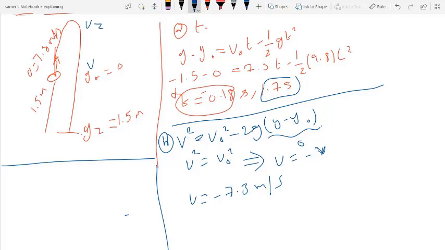So here v is equal to 0, and we can use this equation, v squared equals v0 squared minus 2g (y minus y0).